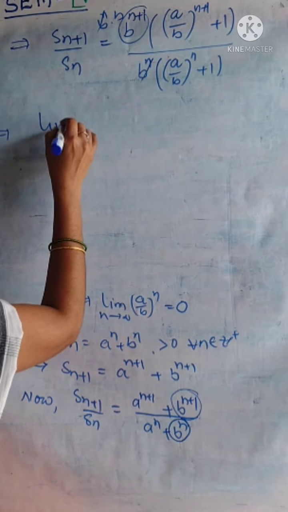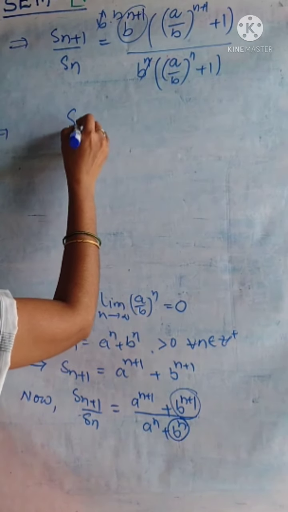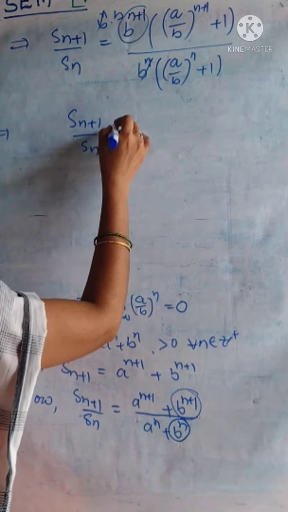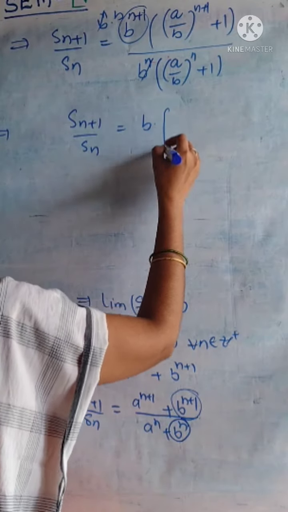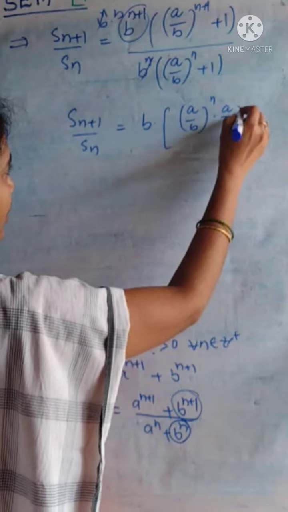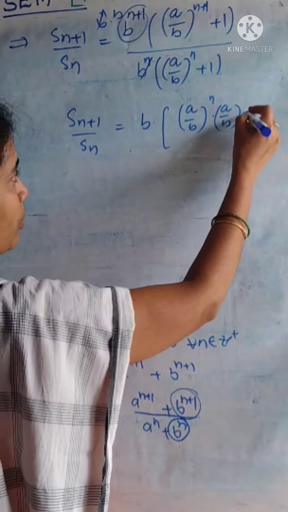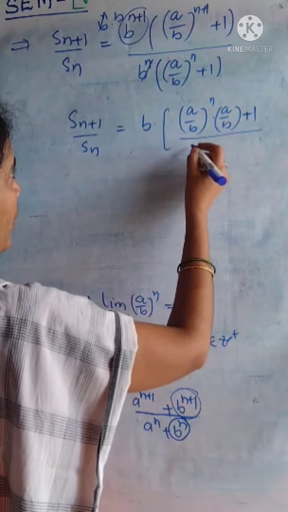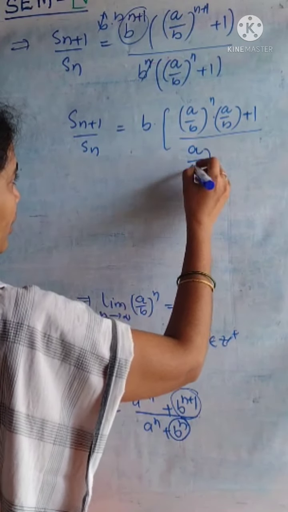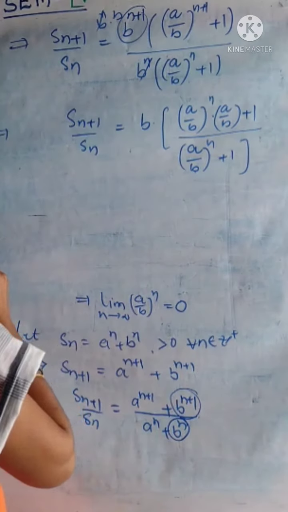Then the value of this ratio is b times ((a/b)^(n+1) + 1) divided by ((a/b)^n + 1). This is the ratio value.